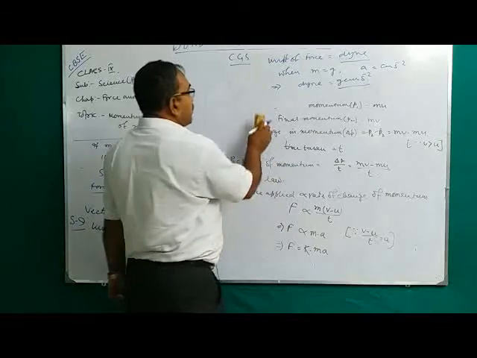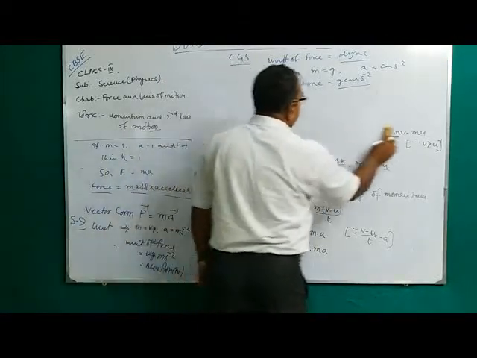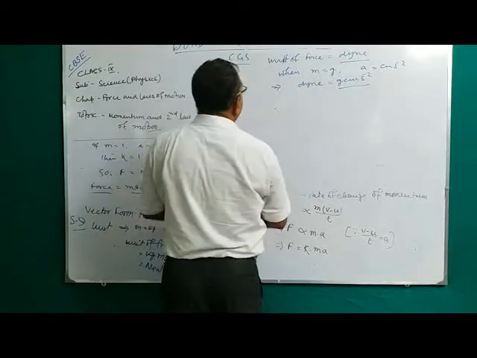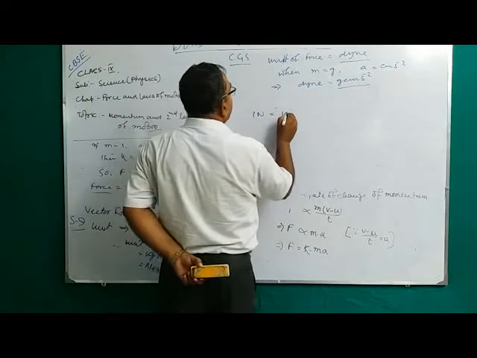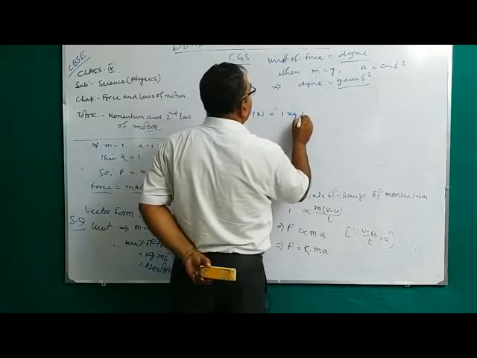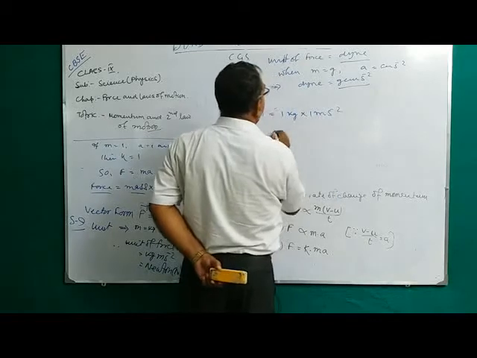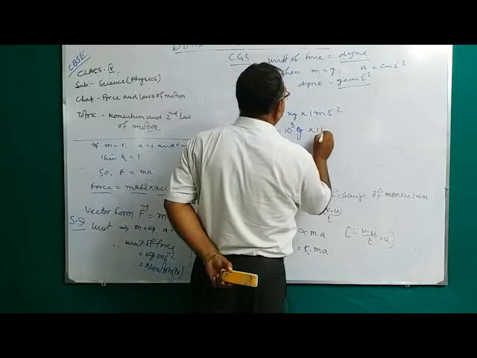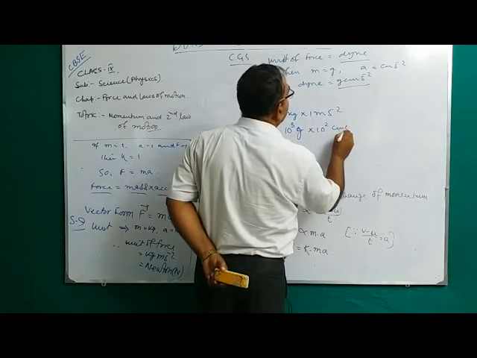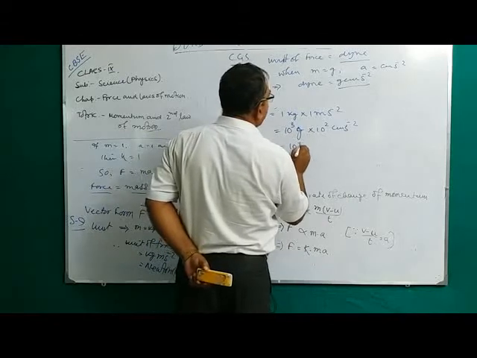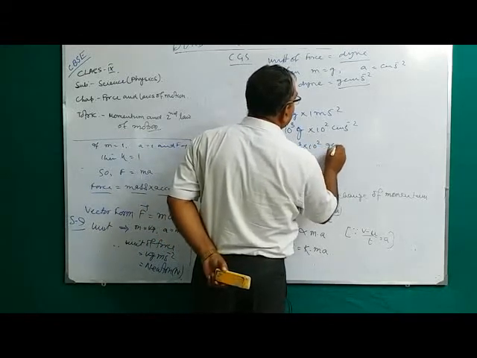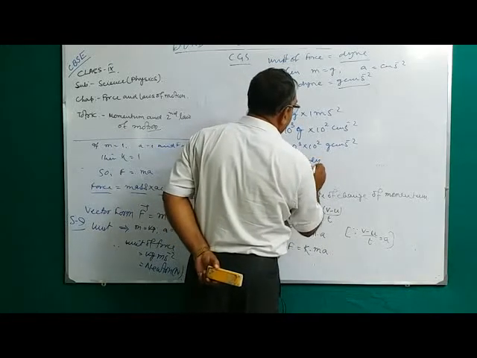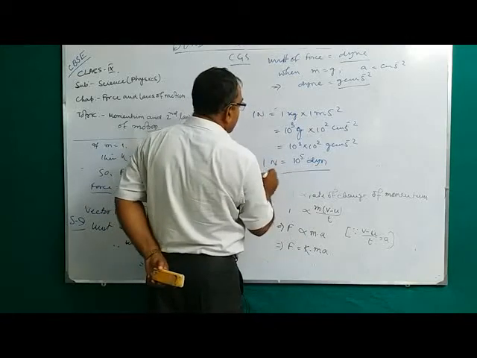And what is the relation between dyne and Newton? One Newton equal to 1 kg meter per second square, that is 10 to the power 3 gram into 10 to the power 2 centimeter per second square, 10 to the power 5 dyne. So 1 Newton equals 10 to the power 5 dyne.